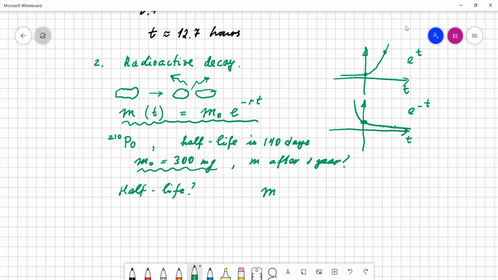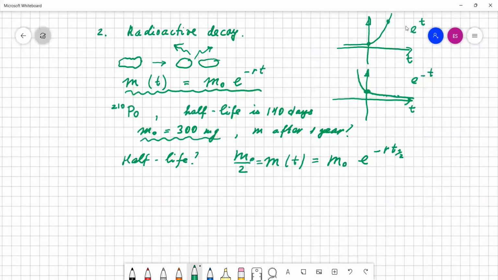We know that M of t is the initial amount of element times e to the power of negative rt. So at half-life time, this M of t is going to be M0 over 2. So half of the element is going to stay and half is going to decay. Now we can solve this equation and find out how the half-life, or time to decay half of the element, is related to our rate of decay.